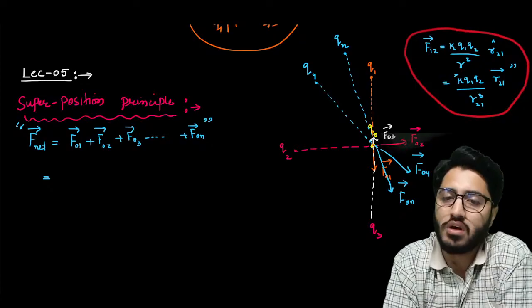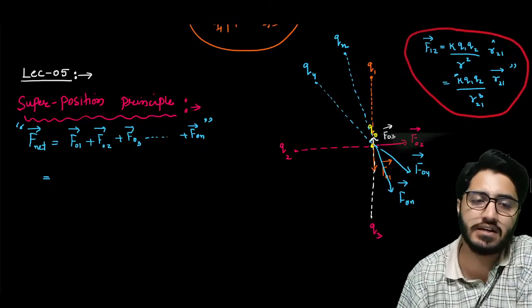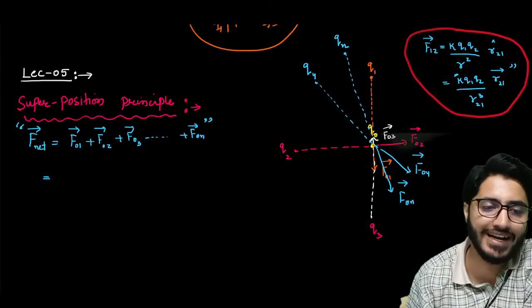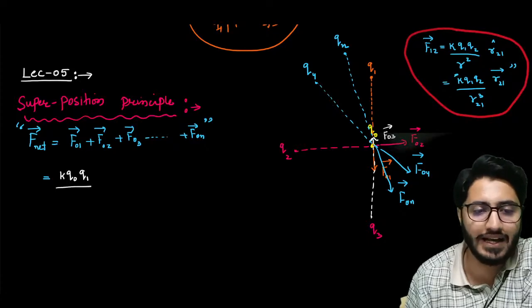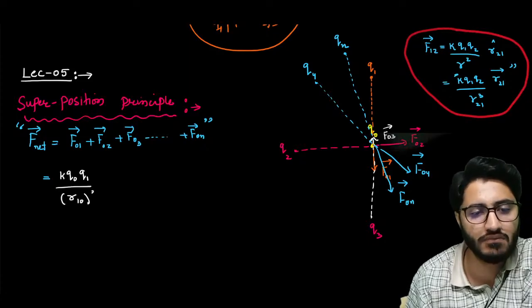Vector form of Coulomb's law. Now you can see here, now we have F01. So I can write K, Q naught, Q1 whole divided by R10 cube, then R10 vector, plus, what is F02?